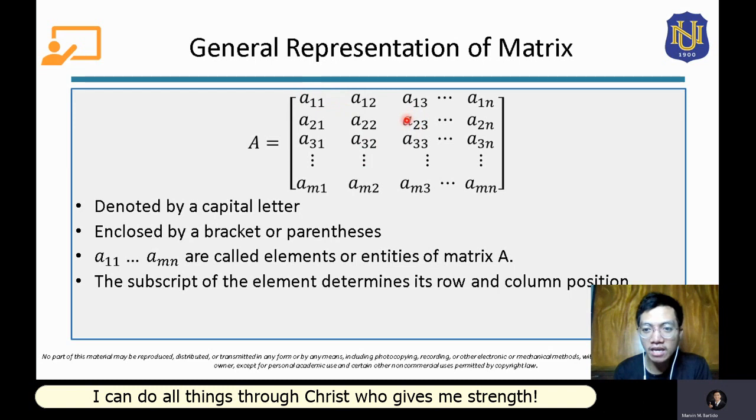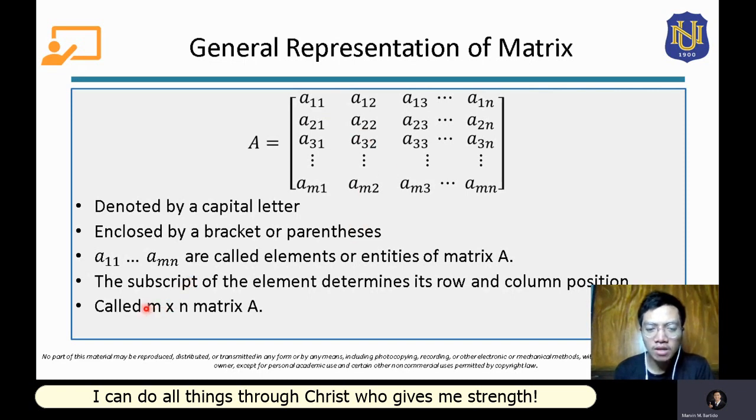Now, for A sub 2,3, the first subscript is for the row, so it is located in the second row, and the second subscript, 3, means it is located in the third column. That's how the subscript determines the row and column position of the element.